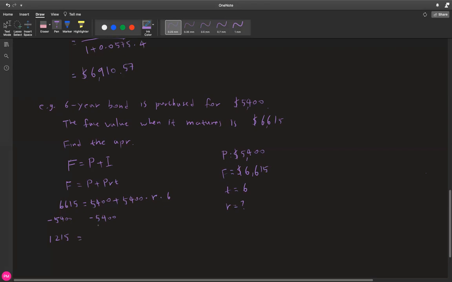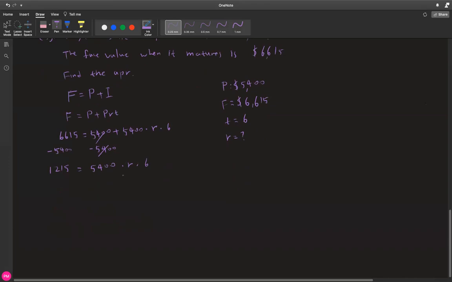On the right-hand side, this will simply cancel out, and you would have 5,400 multiplied by R multiplied by 6. So let's do it one by one. We can do everything at once, but let's do one by one just so we know exactly what's going on.